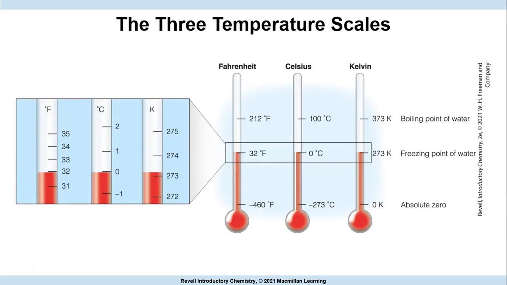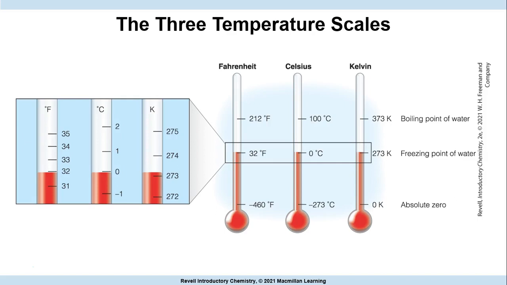Now, if we have to convert between the 3 temperature scales, that is degrees Celsius, degrees Fahrenheit, and Kelvin, how are you going to do that? We have already seen the Fahrenheit and the Celsius scale. Now we are looking at the Kelvin scale. 0 degrees Celsius is equivalent to 273 Kelvin, and 100 degrees Celsius is equal to 373 Kelvin.